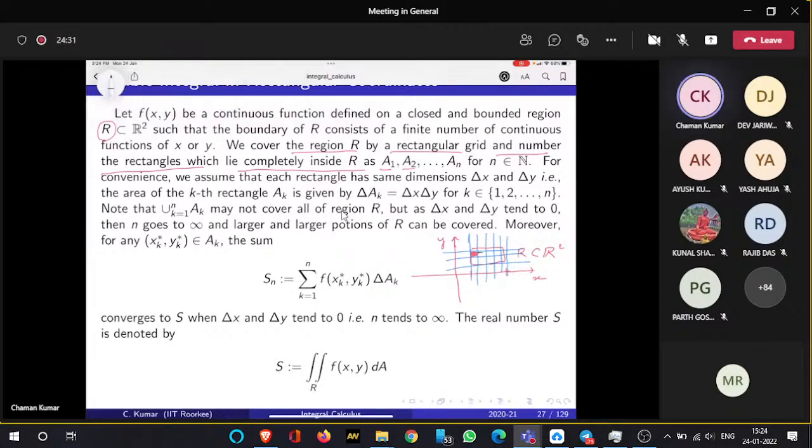Let us pick a different color. This is also a rectangle. Red color, and this is also a rectangle.